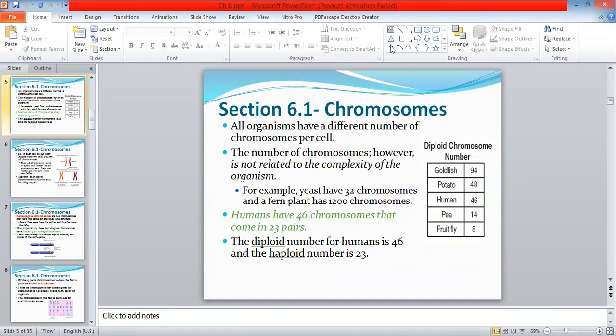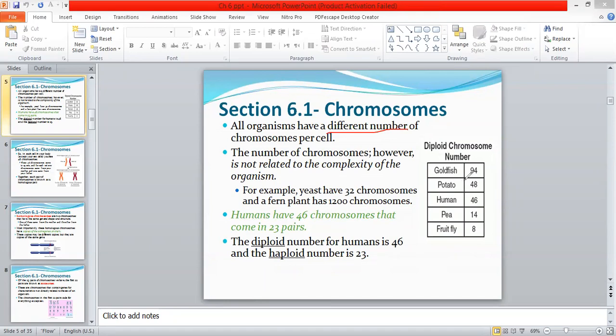And we talk about the number of chromosomes. The number of chromosomes is different in different species, and the number of chromosomes in the same species is similar. All organisms have different numbers of chromosomes.